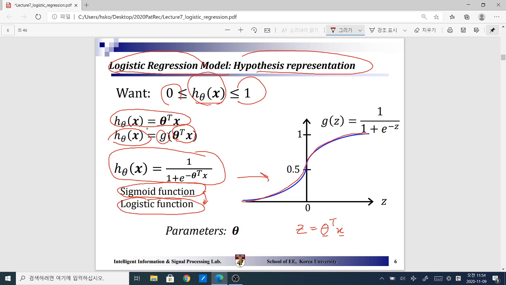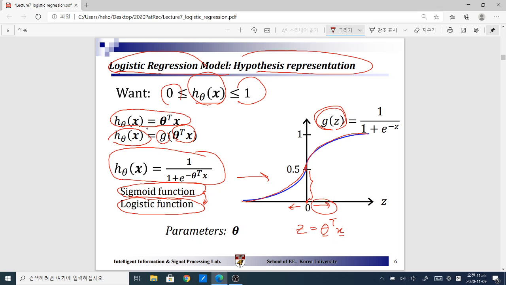Depending on the value of it, if it is 0, then it's sort of like the boundary, and so g of z in that case is going to be at 0.5, and anything greater, this way, the positive side of z would indicate the positive side of g of z, and the negative side of z would indicate the negative side, that is a value between 0 to 0.5.